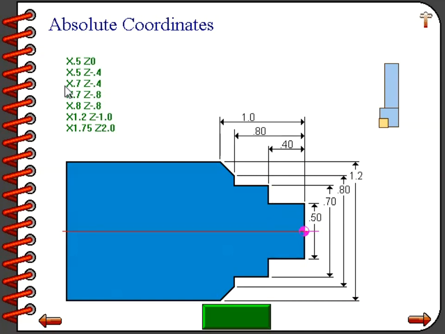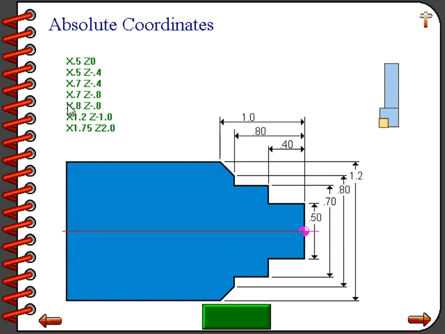The next command, X0.7 Z-0.4, places the tool at a diameter of 700 thousandths and at a position of Z-400 thousandths, 400 thousandths to the left of the finish face.